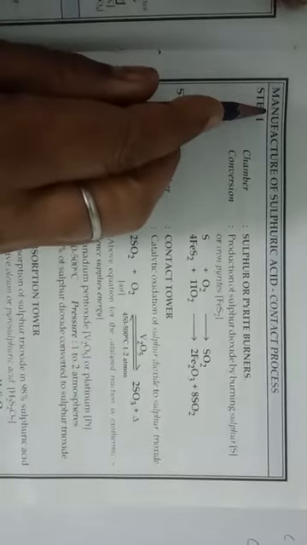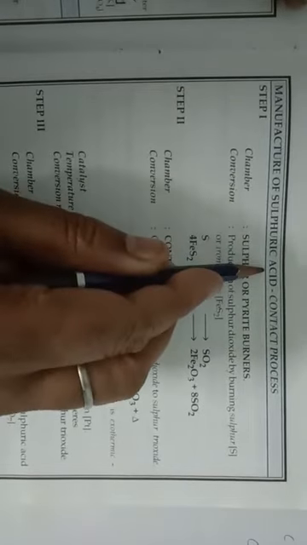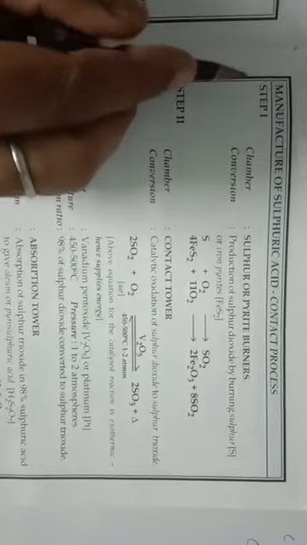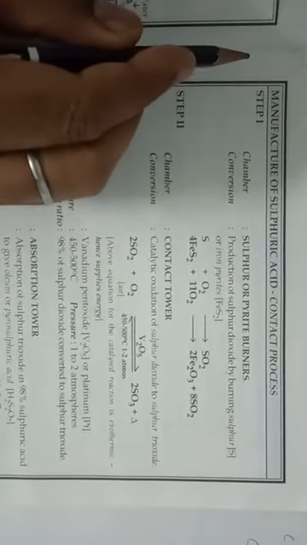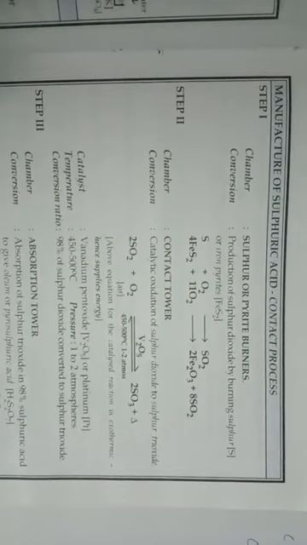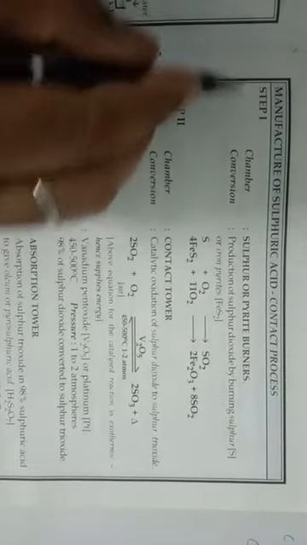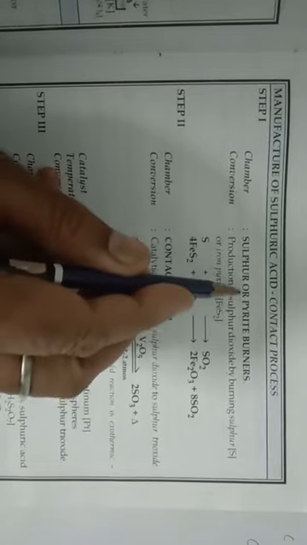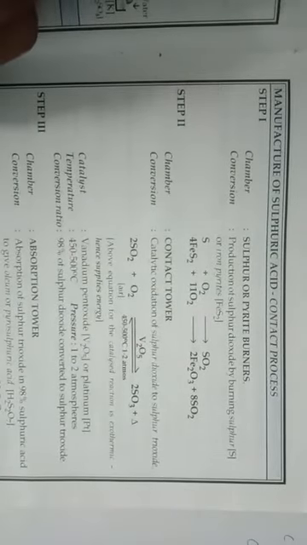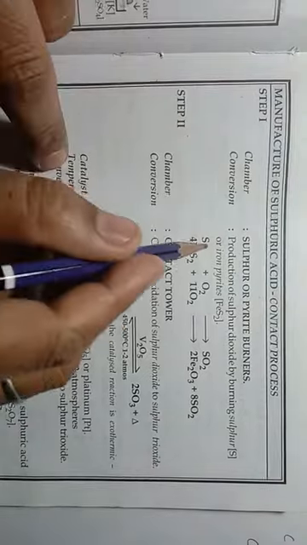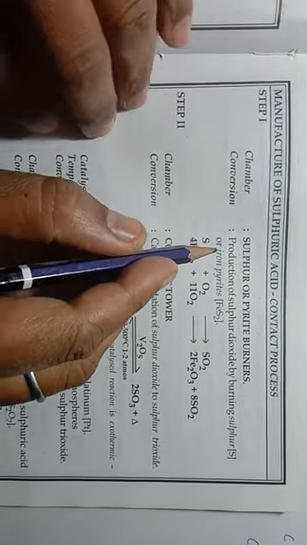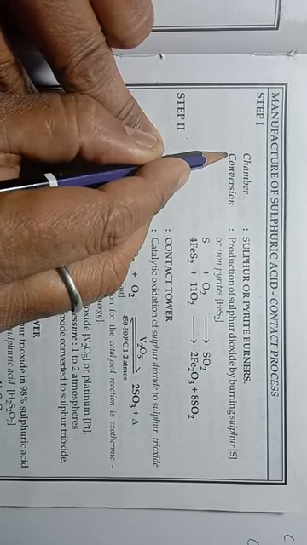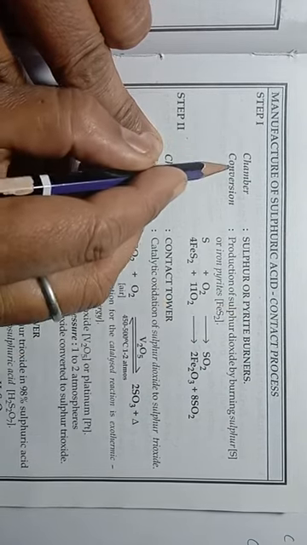Now the summary: manufacture of sulfuric acid by the contact process. Step 1: the chamber is the sulfur or pyrite burner. What conversion takes place in this pyrite burner?